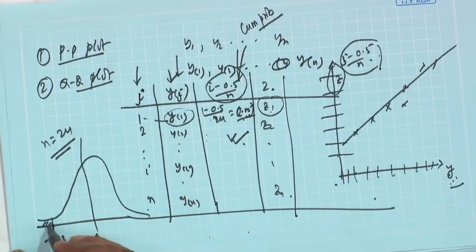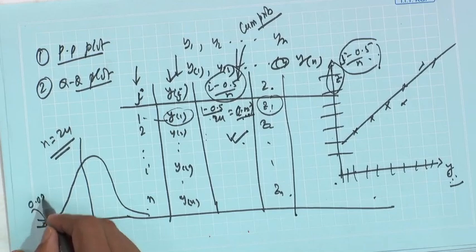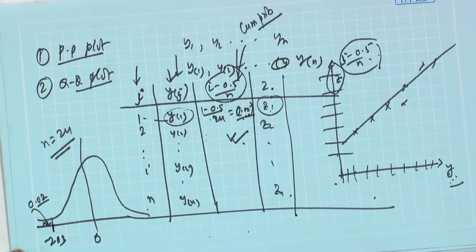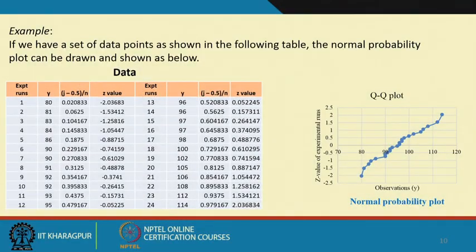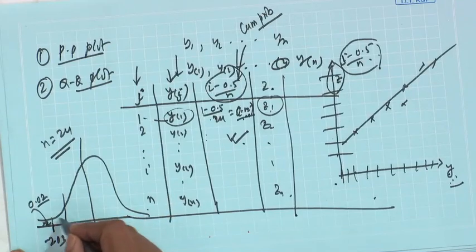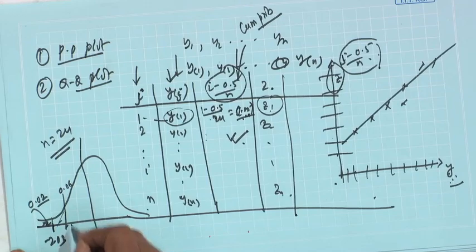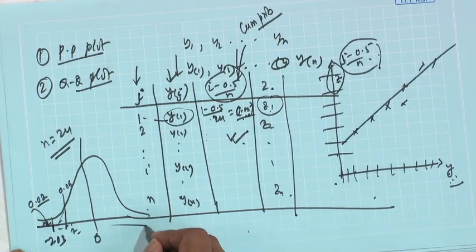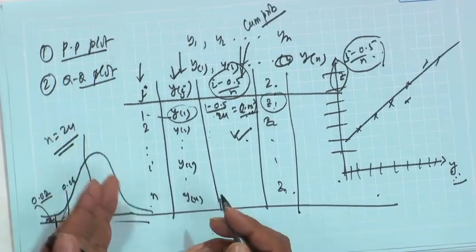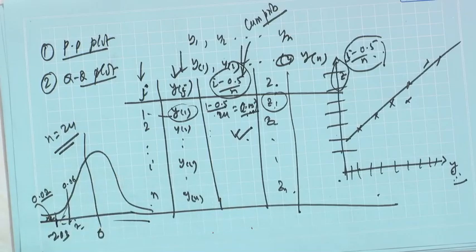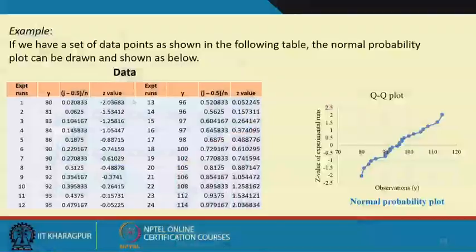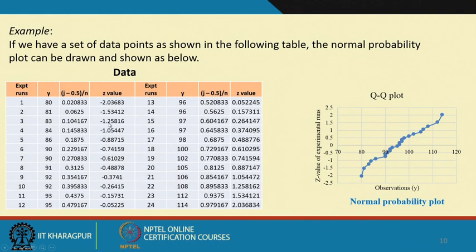So, this portion on this side has value 0.02. Similarly, the next probability is 0.06 on the left-hand side, and you found the z2 value. So, like this, you know the probability, get the corresponding z value, and we found these values using Excel, the norm inverse.